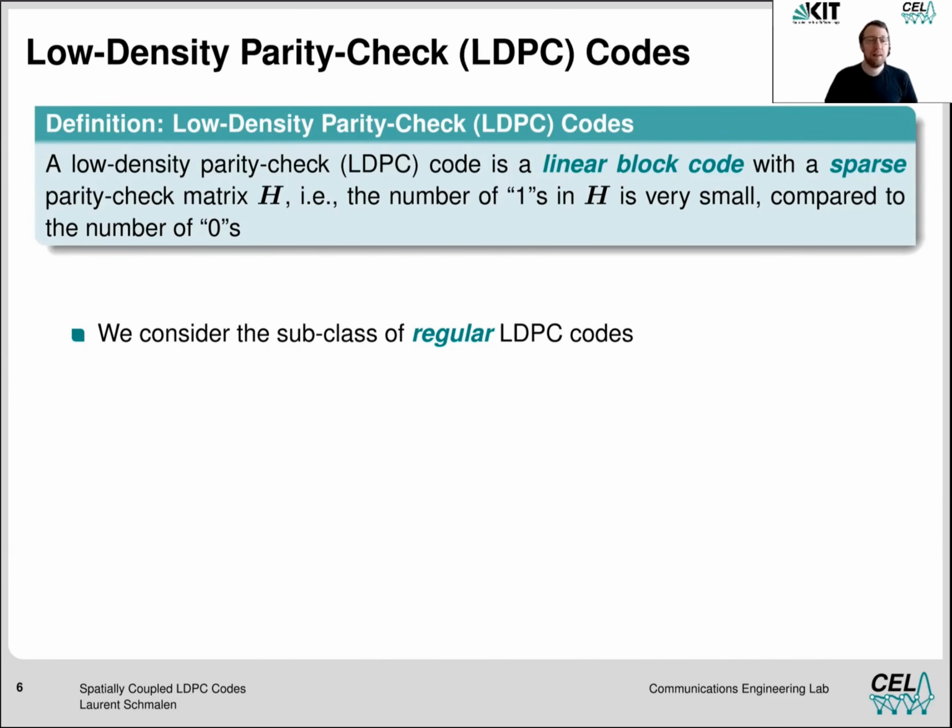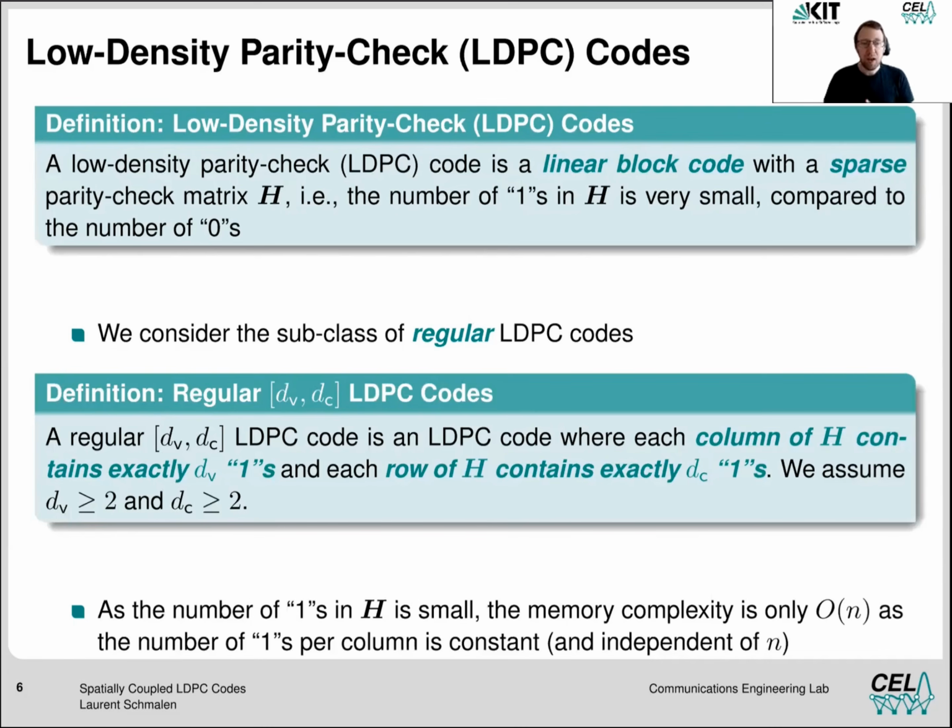So we're looking at, again, a very specific subclass of LDPC codes called regular LDPC codes. A regular LDPC code, which we denote using this tuple (dv, dc), is an LDPC code where each column contains exactly dv ones, and each row contains exactly dc ones.